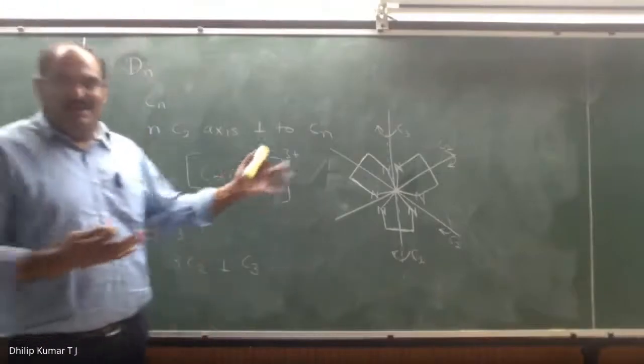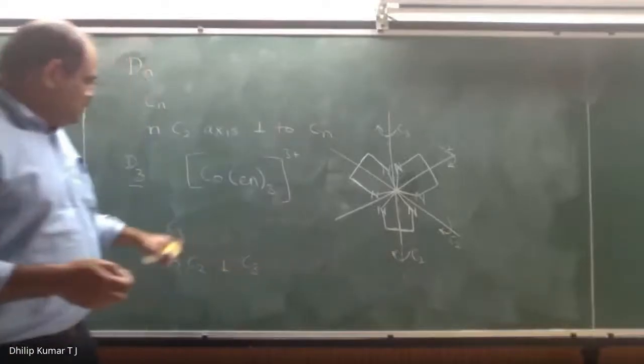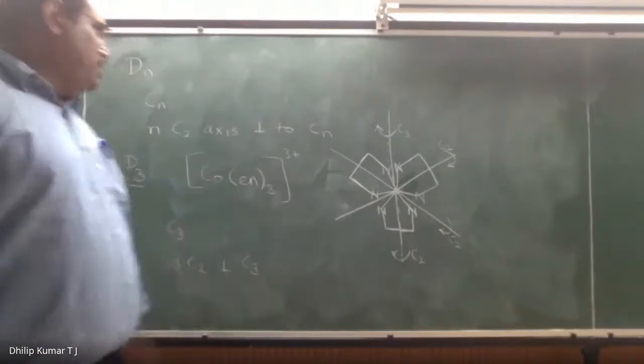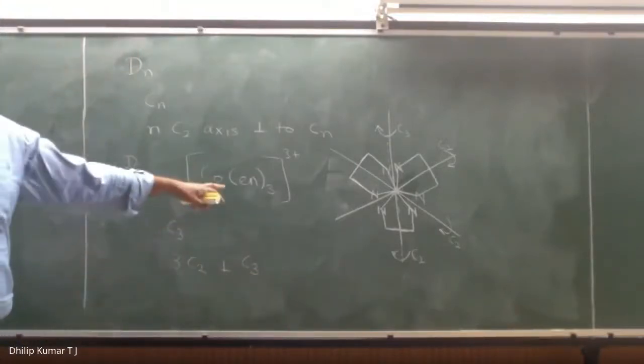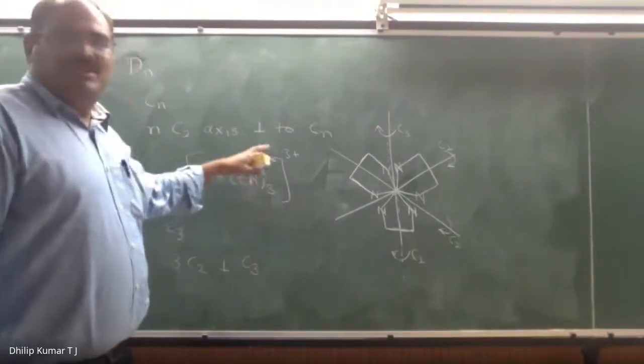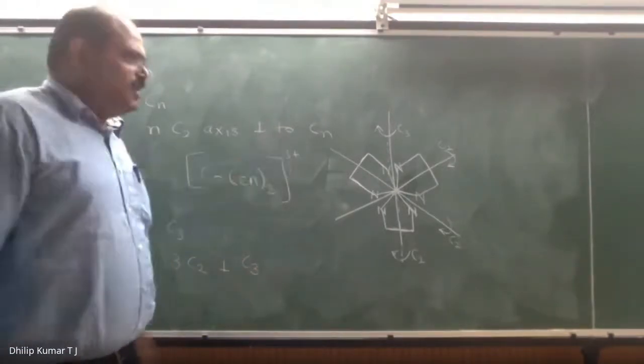Excuse me, sir. Yes. Sir, is it planar or propeller shaped? No, it is not planar. It's not possible to have a planar molecule. You can simply type in Google the molecule tris ethylene diamine cobalt 3+, and then you will get the structure.